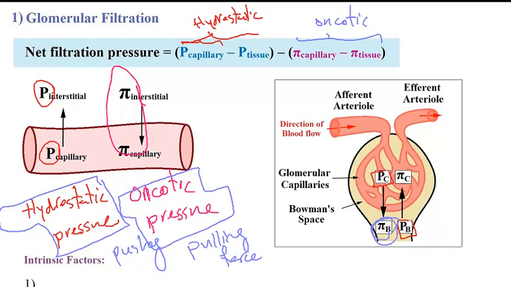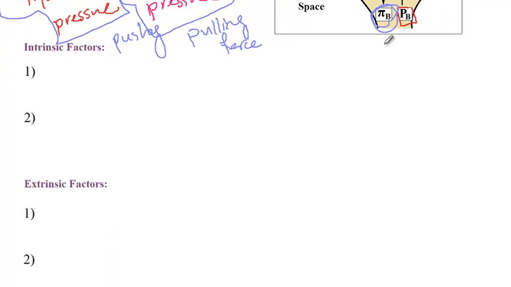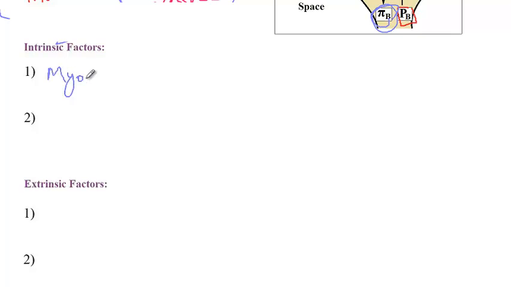Now let's talk about factors that can affect this hydrostatic or oncotic pressure, as a consequence of which the filtration rate can be affected. First, let's go over intrinsic factors. Intrinsic factors include, for instance, myogenic mechanisms, which reflect the tendency of the smooth muscles in the vessel to contract when they are stretched.